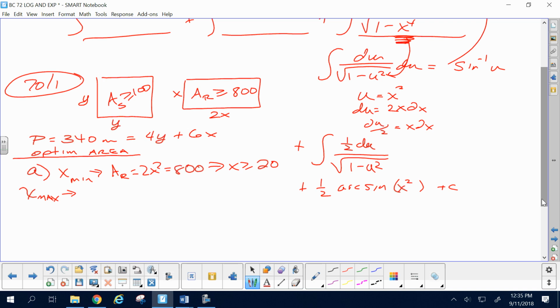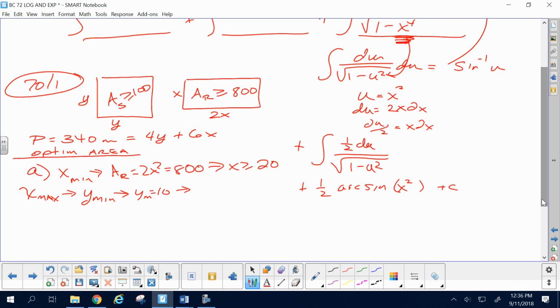Okay. Now, x will be at a max when y is at its min. What's the minimum y, given that the area of the square must be 100? Okay, y min is 10. That implies that 40 meters at minimum will have to be used for the y fence, which leaves you with 300 meters for the rectangle.